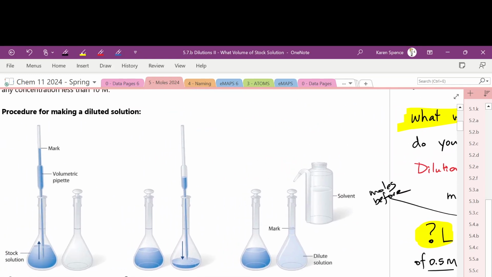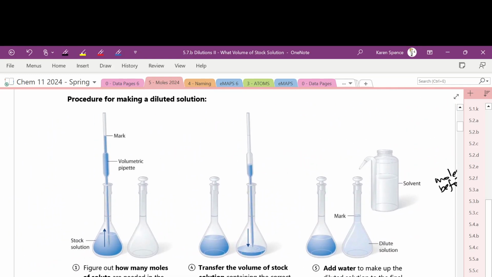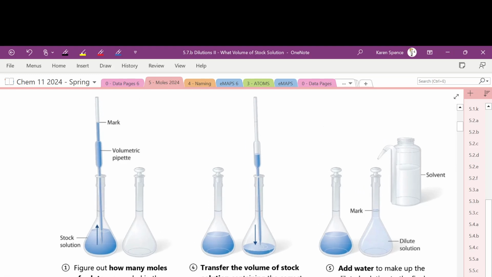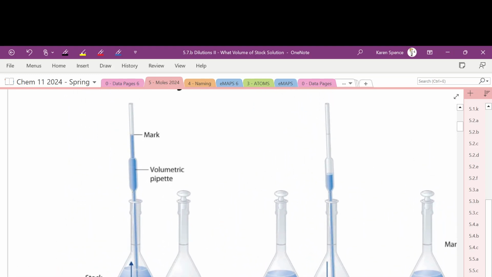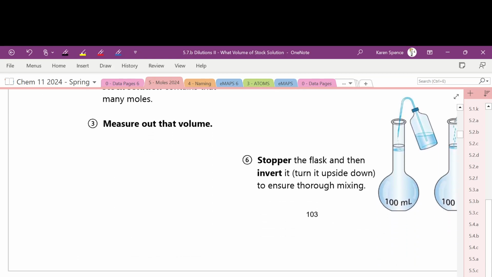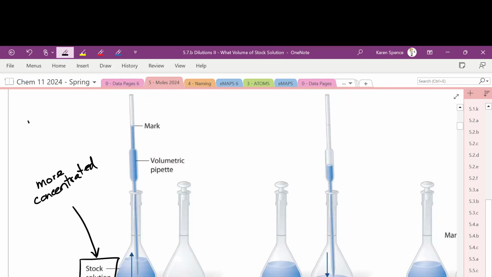So we're just going to bop on over here and I'll show you how you would do that. You would take your stock solution. The stock solution is the more concentrated solution. This is on page 103. And you will measure it out with a volumetric pipette.